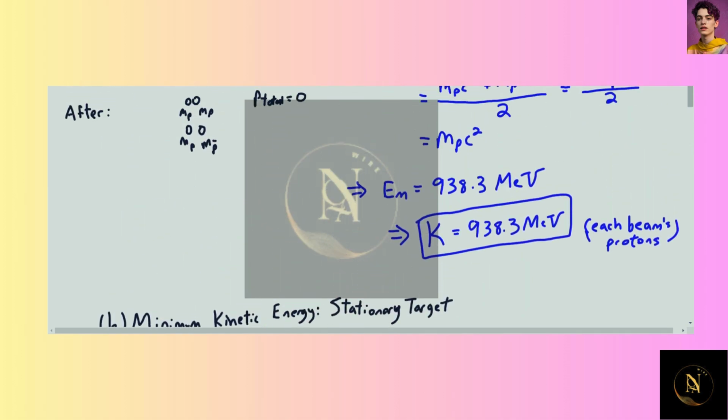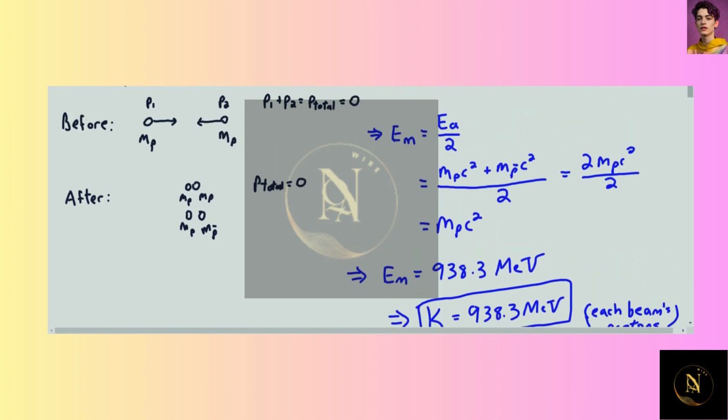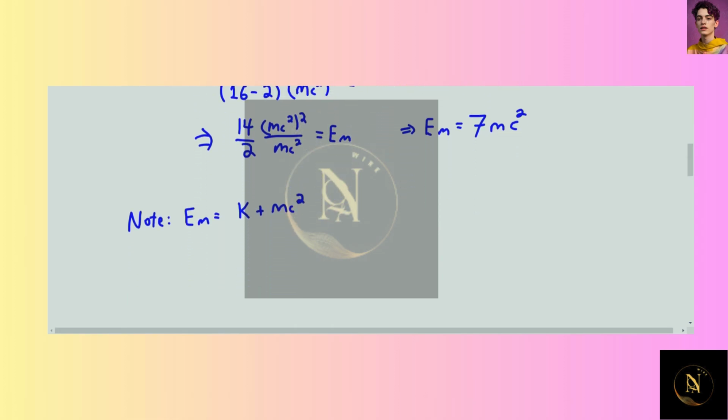In part A I glossed over that, accounting for it intuitively, but here explicitly, K is E_m minus mc squared.